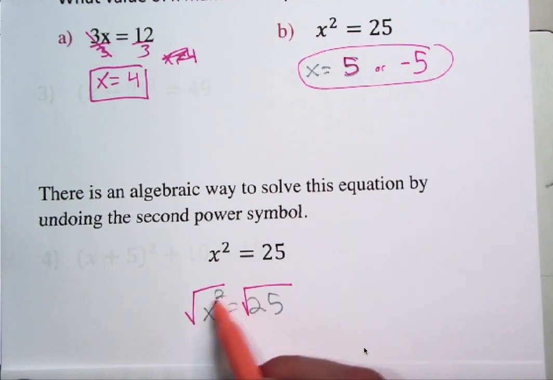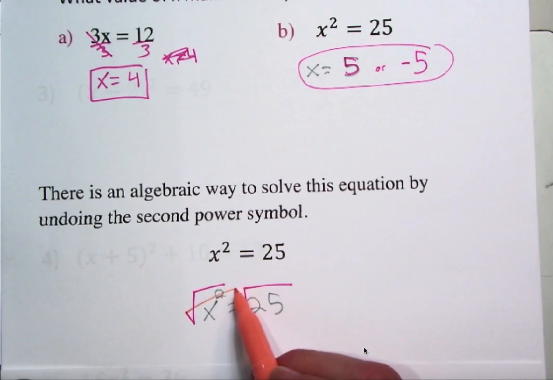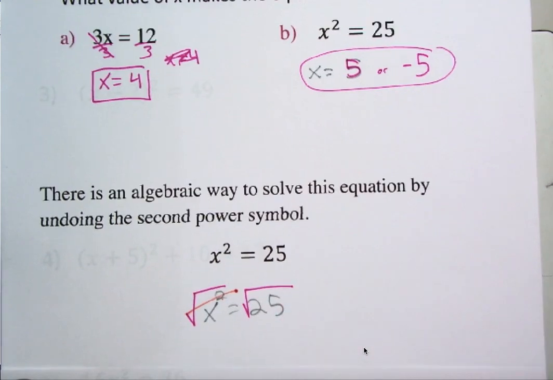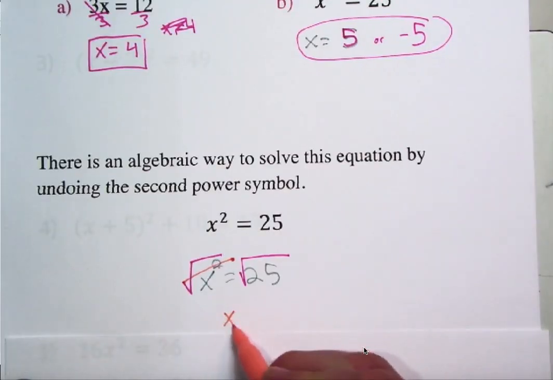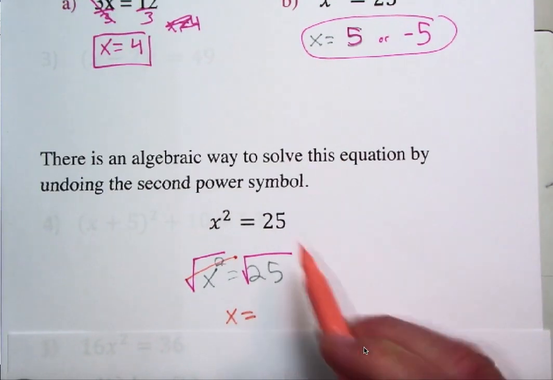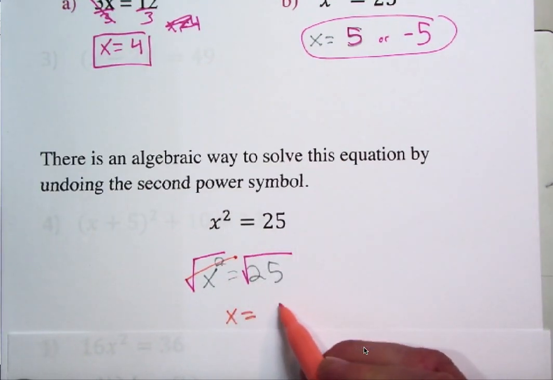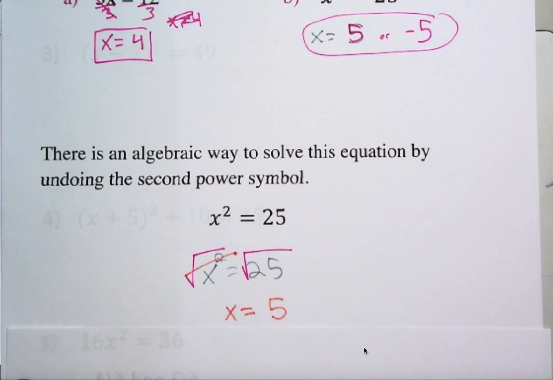So the square root of x squared, well, these two cancel out, and then we're left with x equals the square root of 25, which is 5. Sweet. So that's our new thing. We can take the square root of both sides, and we find our answer.